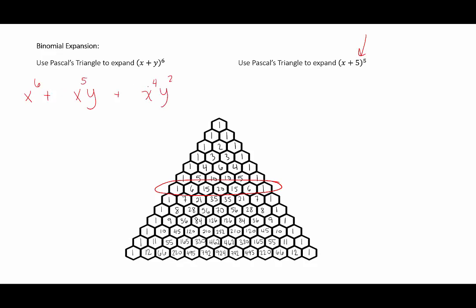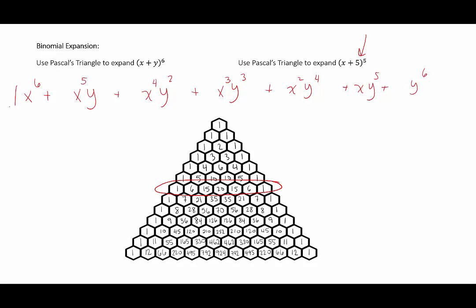So the x's are decreasing by 1, the y's are increasing by 1, x to the 3rd, y to the 3rd, x to the 2nd, y to the 4th, x, y to the 5th, and lastly, y to the 6th.